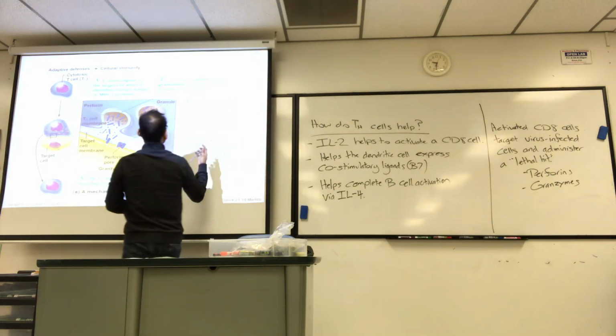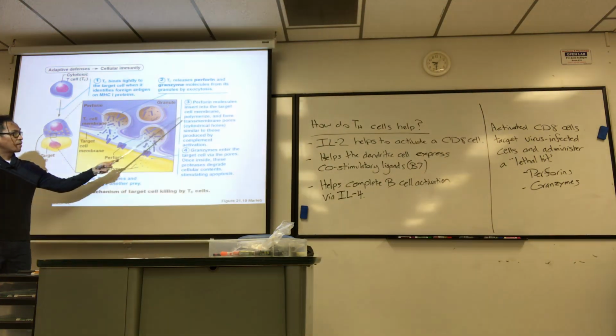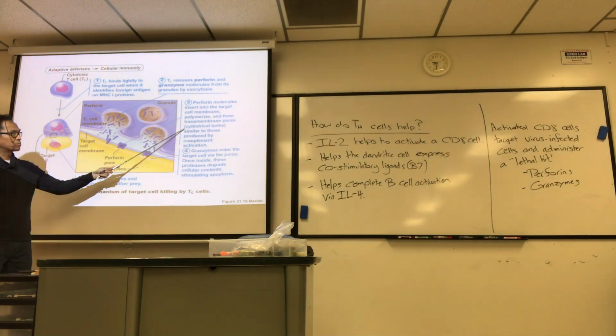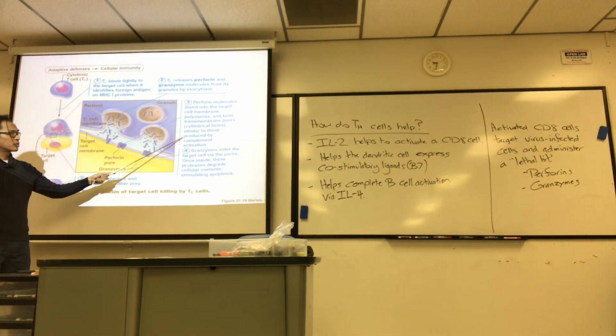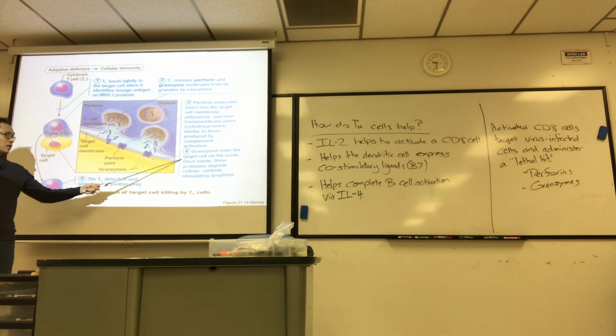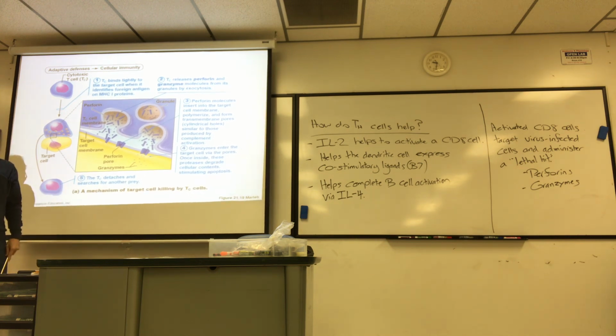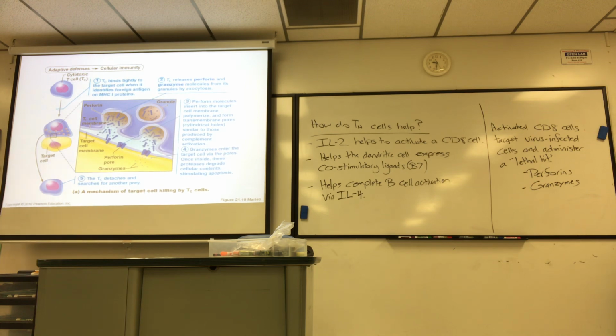Perforin molecules insert into the target cell membrane, polymerize, and form transmembrane pores, just cylindrical holes, similar to those produced by complement. Granzymes then enter the target cell via the pores, and what's inside? Proteases degrade cellular content, stimulating apoptosis. So that's the lethal hit.